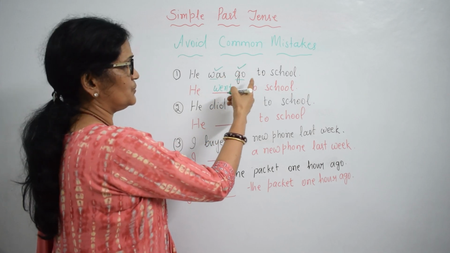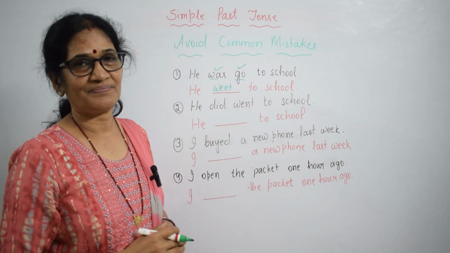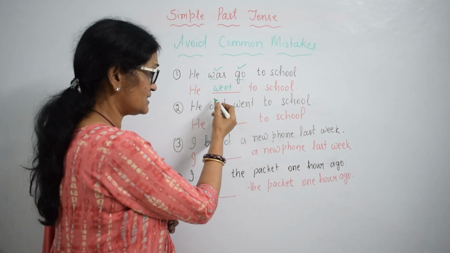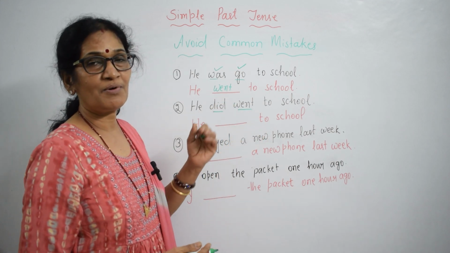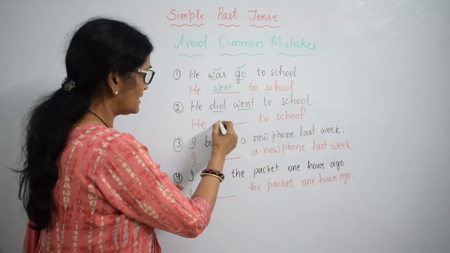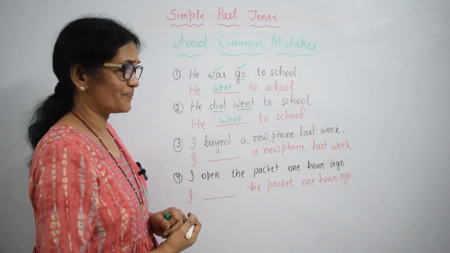He went to school. Not: He did went to school. Did is the simple past auxiliary verb, and went is the past form of a verb. Both cannot be used together. The correct form is: He went to school.